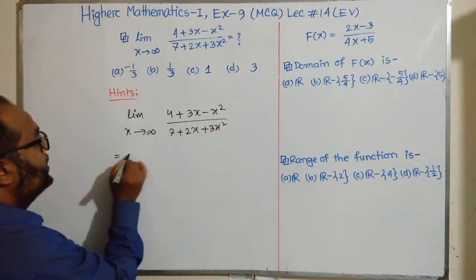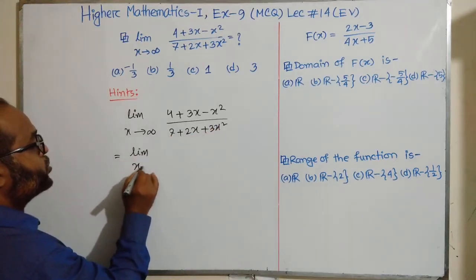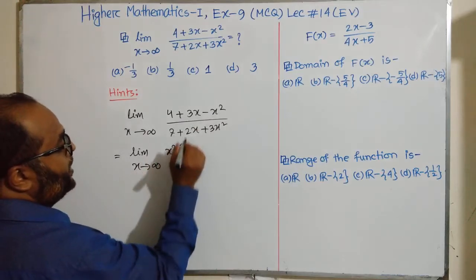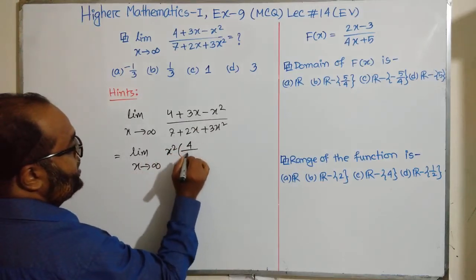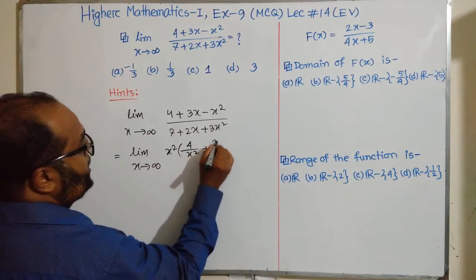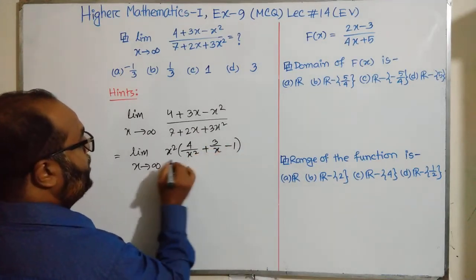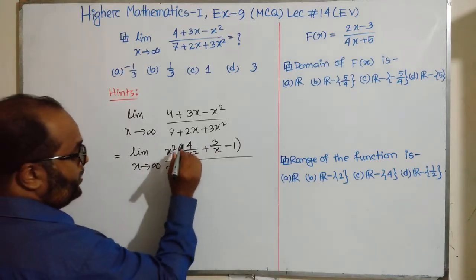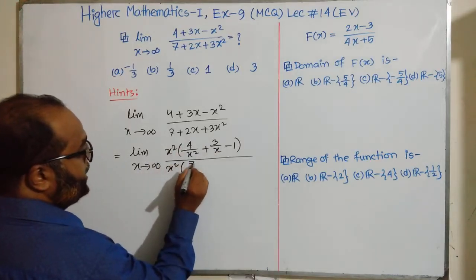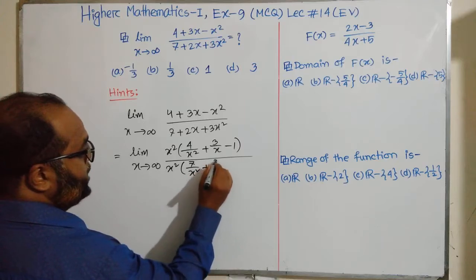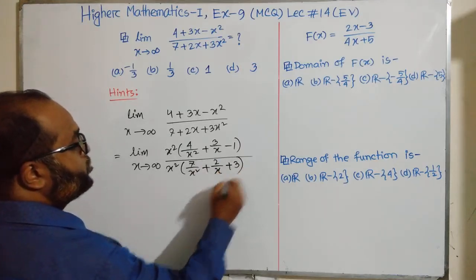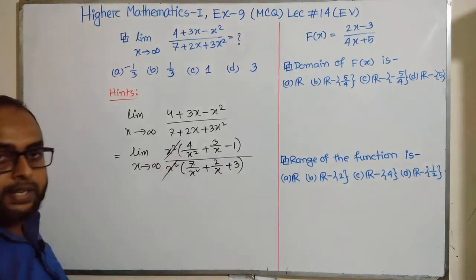This equal limit x tends to infinity. If we take x square as common, then this is 4 by x square plus 3 by x minus 1, and here if we take x square as common, then we get 7 by x square plus 2 by x plus 3, and this are cancelled.